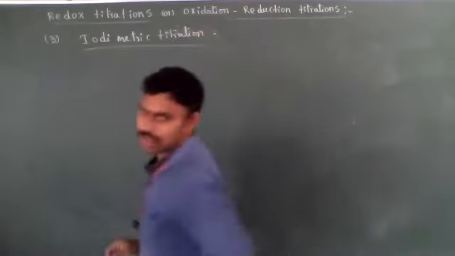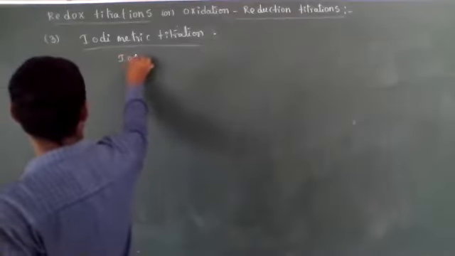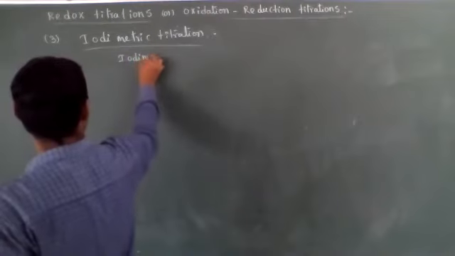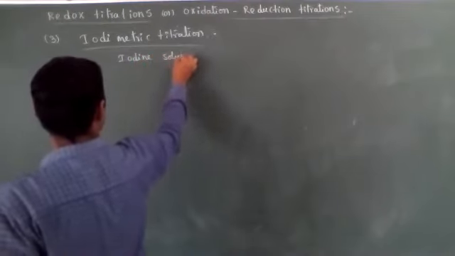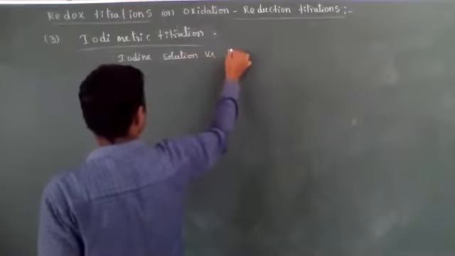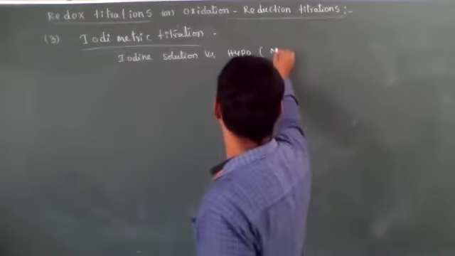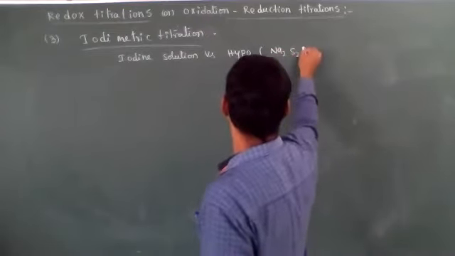In this titration, iodine solution versus hypo. Hypo solution means Na2S2O3.